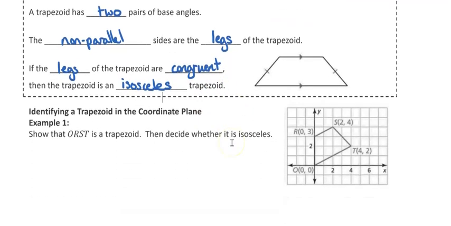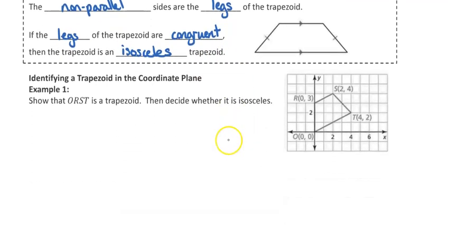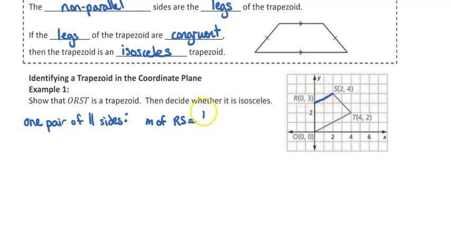Okay, this says show that ORST is a trapezoid. Remember that to be a trapezoid, it will have one pair of parallel sides. If I can show the slope of RS, if we just count it, it's up 1 over 2, so 1/2. And the slope of OT is up 2 over 4, which is 1/2.